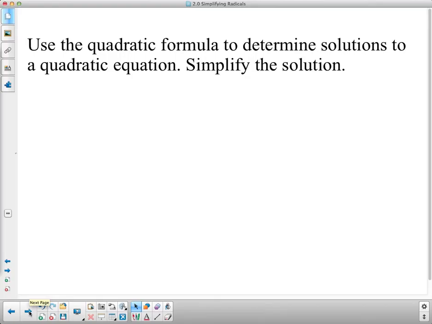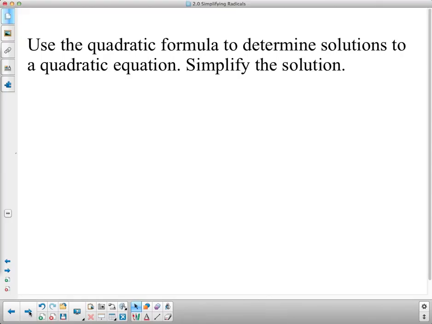Which one I'm talking about? It's over here. x equals the opposite of b plus and minus the square root of b squared minus 4ac over 2a. Oh, yeah, remember that. Okay. That's the quadratic formula.